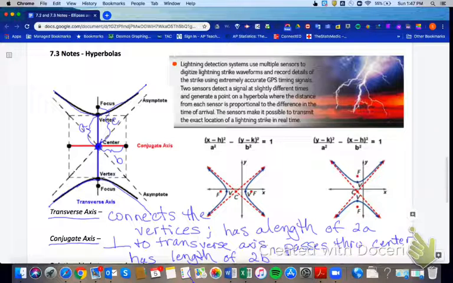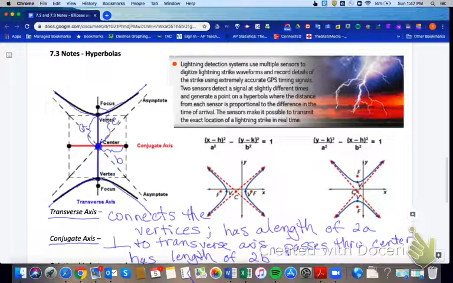We have two different equations that are standard forms for a hyperbola. We have, first, x minus h squared divided by a squared minus y minus k squared divided by b squared equals 1.